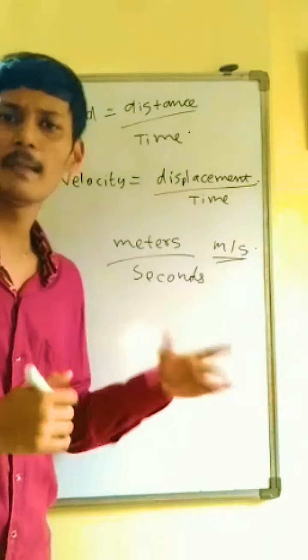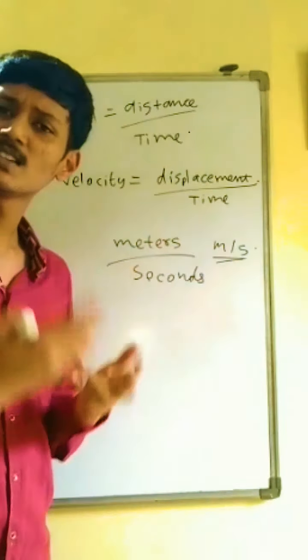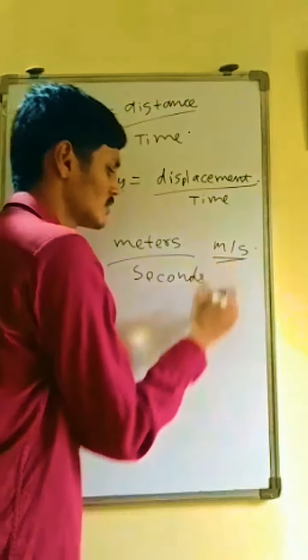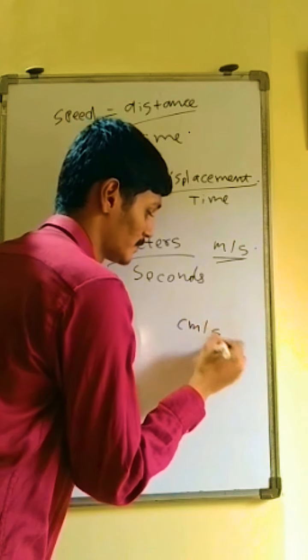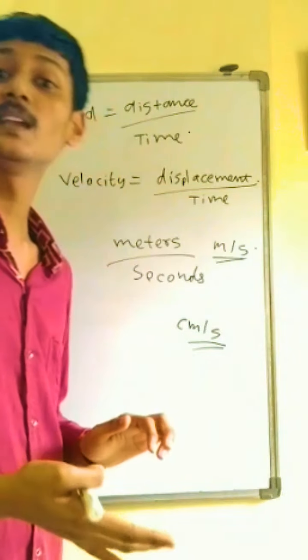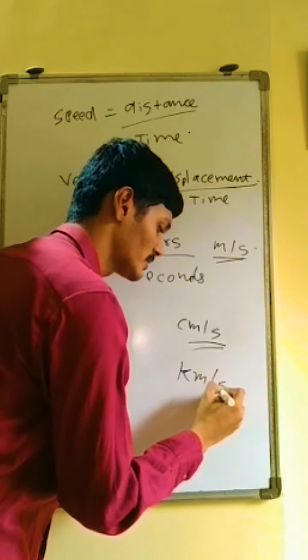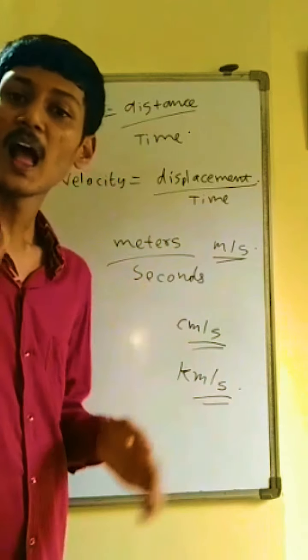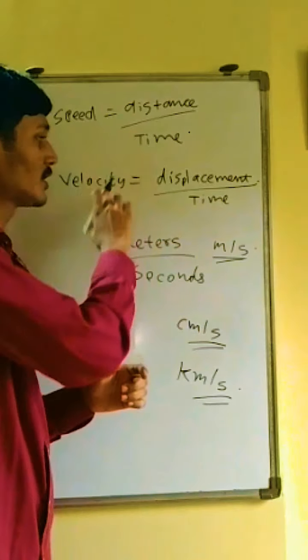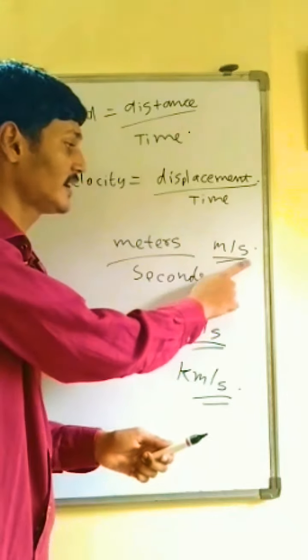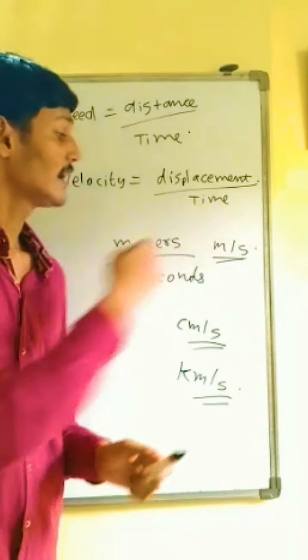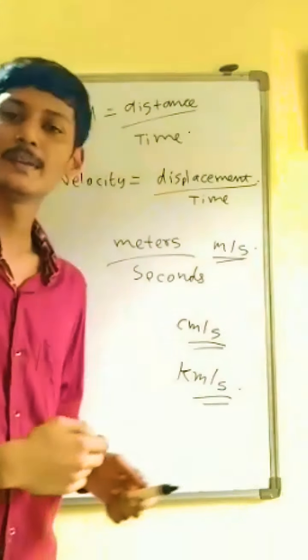We can convert them accordingly. If the distance is very small, we can take it in centimeters per second. Or if we are traveling in a vehicle, we take the larger unit, kilometers per second. However, every time we take speed or velocity, it has to be divided by a measure of time. The meters, centimeters, kilometers, the length unit, can change.